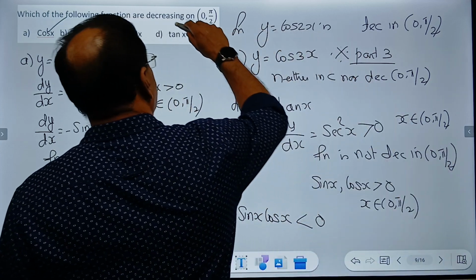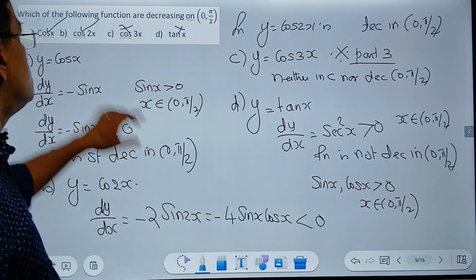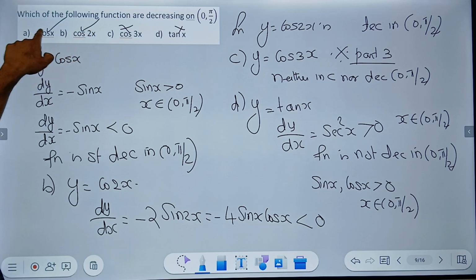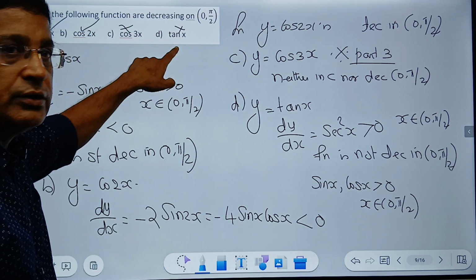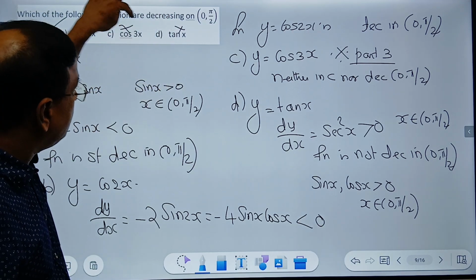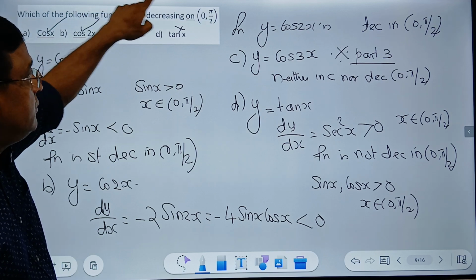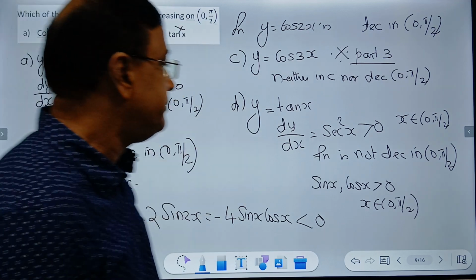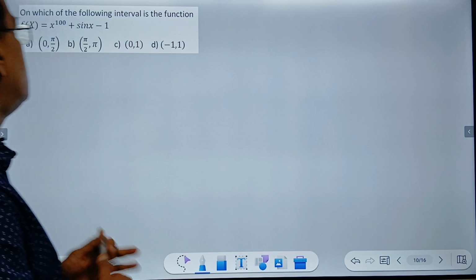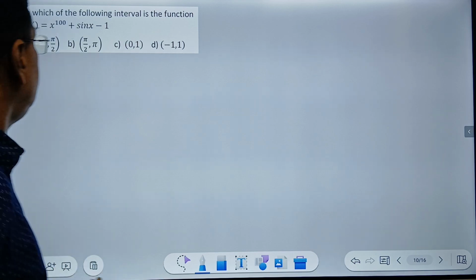That's what he's asking, right? So these two are decreasing functions, whereas these two are not decreasing functions. This is in fact increasing, whereas this is neither increasing nor decreasing in 0 to pi by 2. Very, very interesting problems. So this is again a very, very important question.